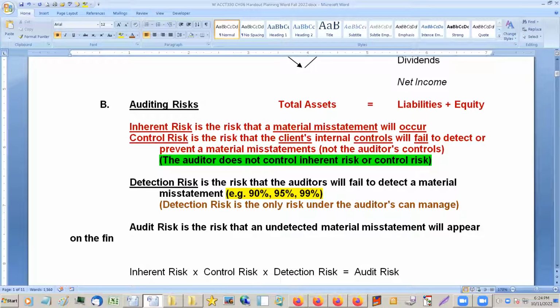Audit risk is the risk that an undetected material misstatement will appear on the financial statements.